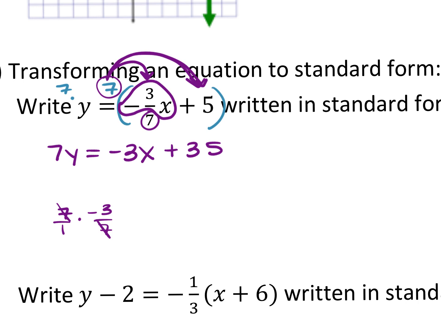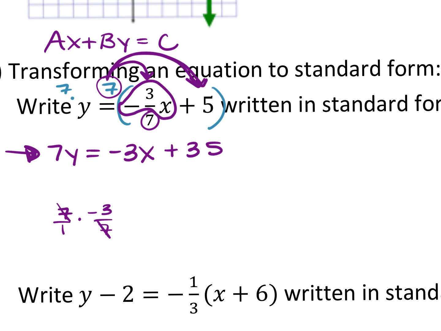Okay. Now, it says to write it in standard form. Do you remember what standard form looks like? Ax plus By equals C. So is this in standard form? No. We can make it standard form by doing what? I wouldn't subtract 35.